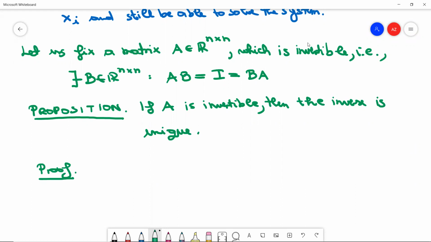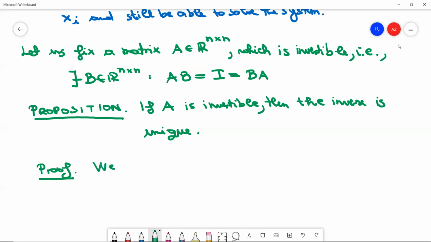So how would you start such a proof? You would like to show that the inverse is unique. Let us assume that there are two inverses, and we will show that they coincide. Yeah, by contradiction, that's true. So by way of contradiction, we assume that there are two inverses.